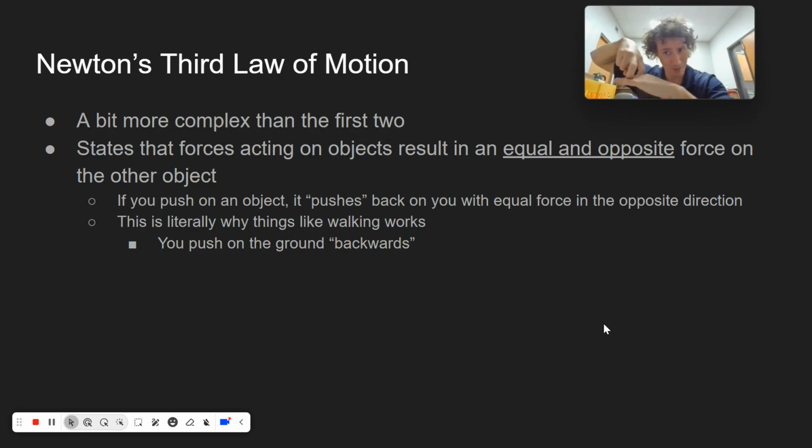Think about this. When you jump, you are pushing down, and that causes you to go up. You don't grab your shoulders and pull yourself up, right? You don't do that. You bend your knees down like this, and you have like a spring with your legs, basically, and then you very suddenly push down. Okay? What's happening? You are pushing down on Earth, and this is the part you're not going to like. The Earth pushes back up on you. The Earth says, no, you, and makes you go up. Okay?